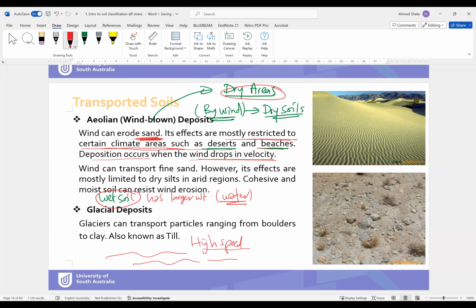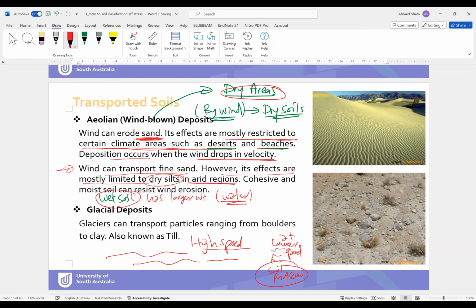When the wind stops or is at lower speed, it will deposit the soil particles. So all the time, the deposition of lower or smaller size particles happens at lower speed. Okay? Wind can transfer fine sand, however, its effects are mostly limited to dry soils and arid regions.